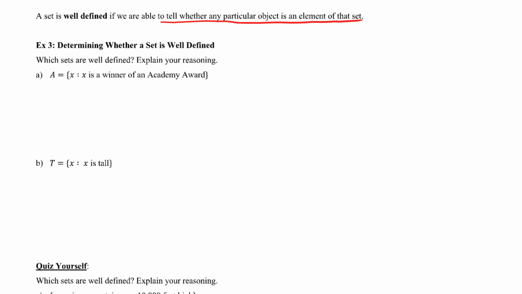So, if we look at our first example with part A, the set is telling us that it's the set of X values such that X is a winner of an Academy Award. So when we think about, is this set well defined or not, we want to think about, is it very easy to determine if somebody would be an Academy Award winner or not?